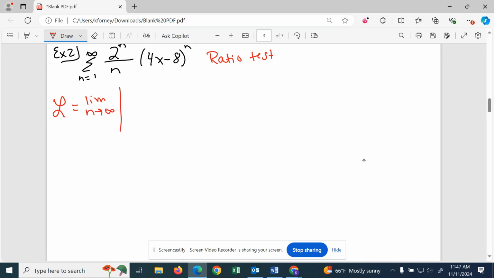So 2 to the n plus 1 over n plus 1, and I'm going to put the 4x minus 8 to the n plus 1 in the numerator. It'll make it easier, sort of. Then you flip the problem you already are given.